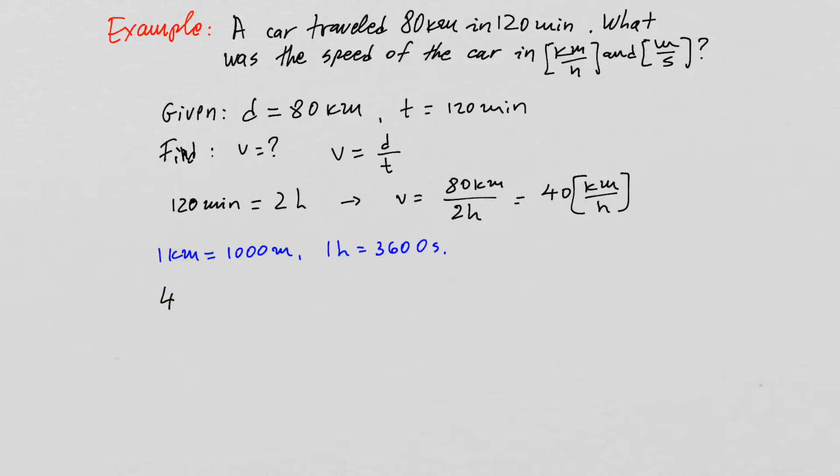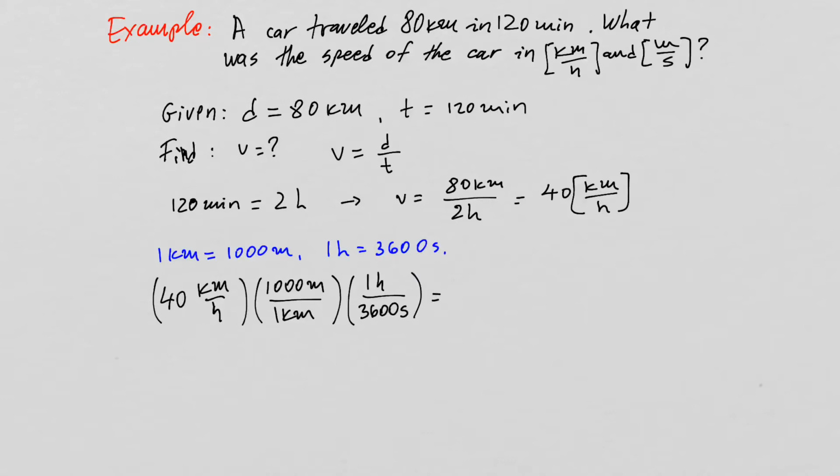And so 40 kilometers per hour, I will multiply by 1,000 meters divided by 1 kilometer, and I will also multiply by 1 hour divided by 3,600 seconds. So the units of kilometers cancel out, the units of hours cancel out, and the units that are left are meters and seconds.